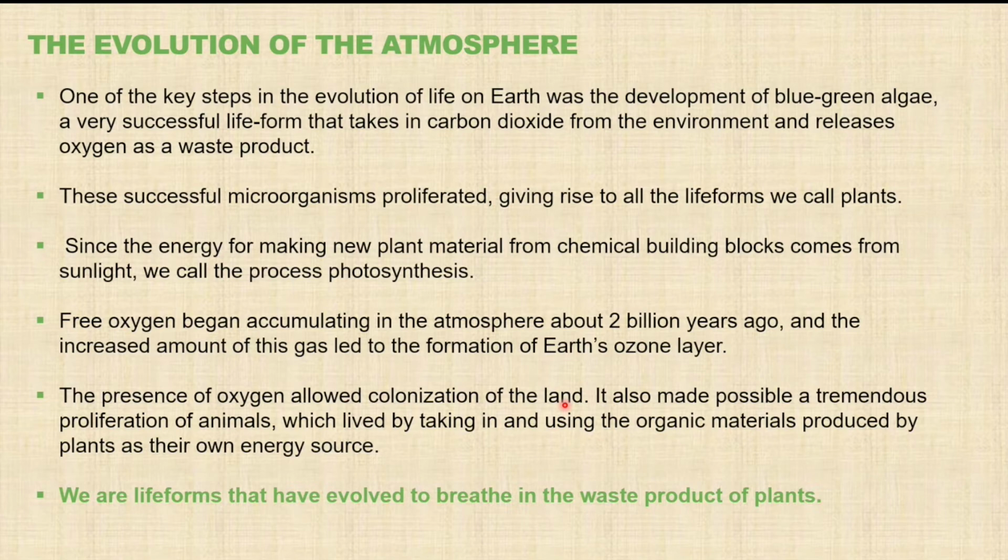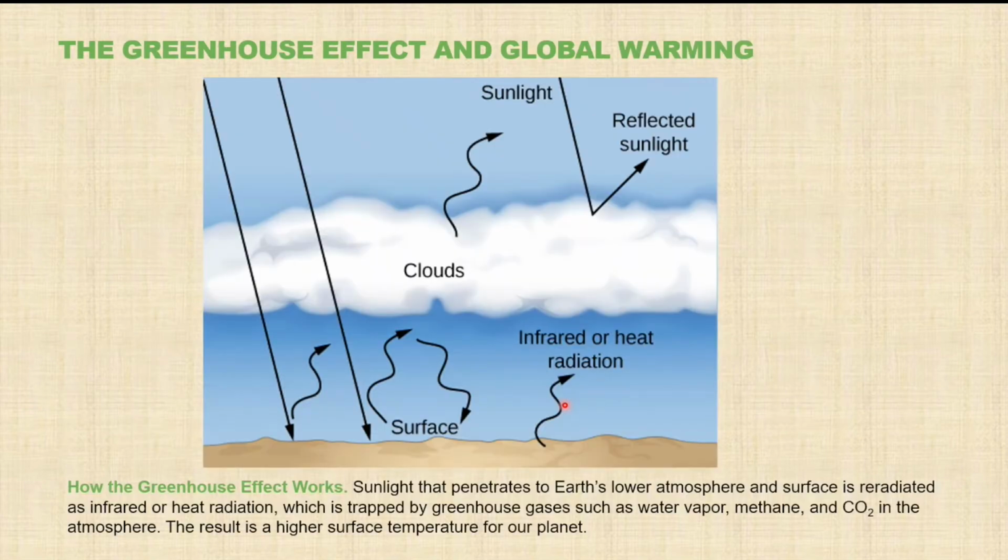But if the CO2 output is more than the oxygen output, the carbon dioxide is going to win. The animals will be left without oxygen. And the other bad thing about carbon dioxide is the greenhouse effect, which causes global warming.